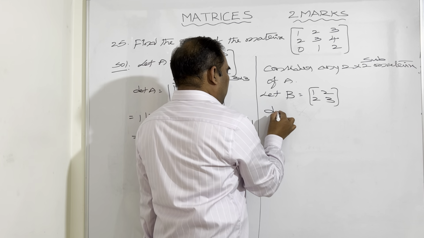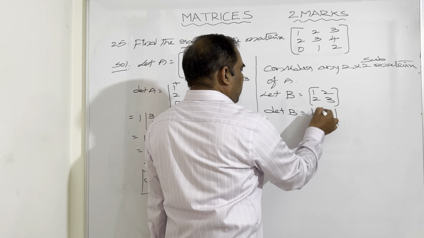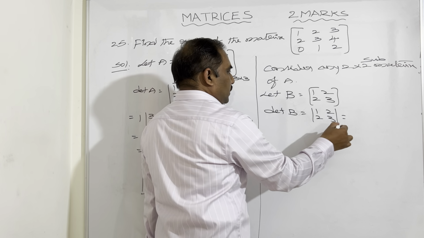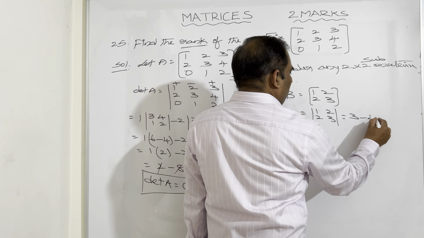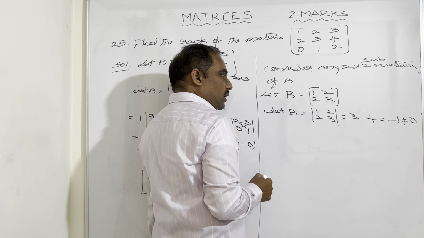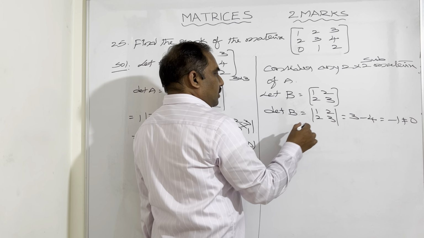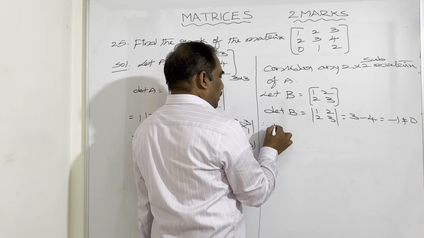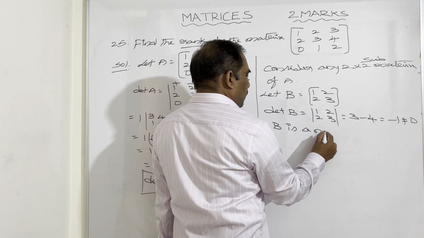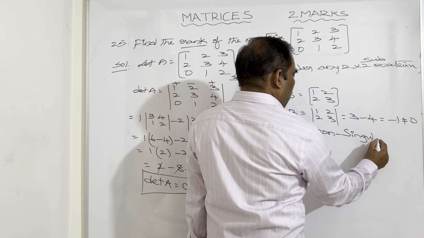So now find the determinant of B. The determinant of B is 3 minus 4, which is minus 1, which is not equal to 0. So determinant of B is minus 1, which is not equal to 0, therefore matrix B is a non-singular matrix.